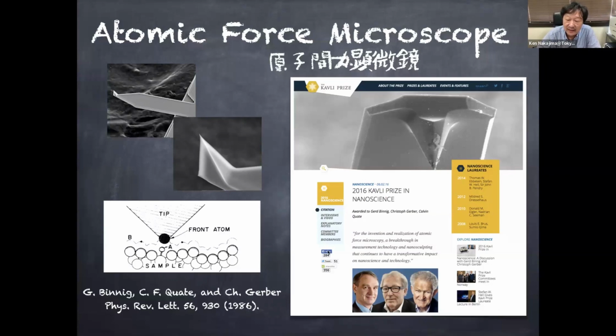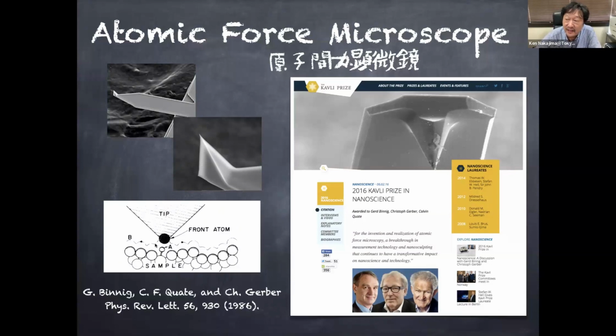The inventors are Binnig, an IBM researcher, and Professor Quate from Stanford University. They invented this AFM. And this is a kind of cartoon figure in the first scientific paper on this AFM, written by themselves. They said that at the top of the probe there would be a single atom.